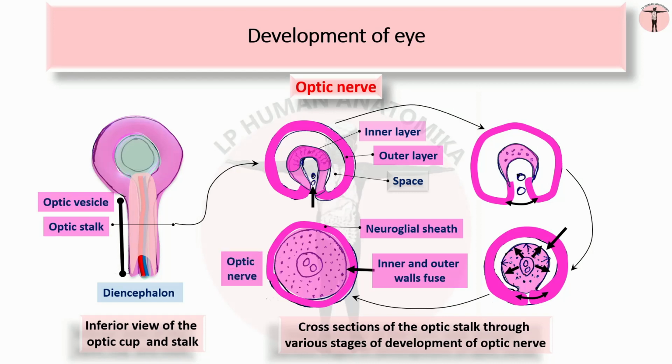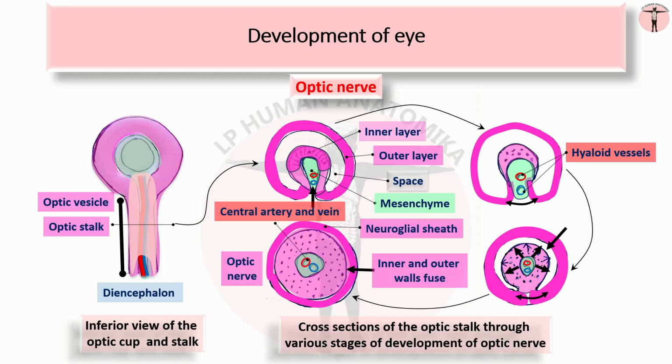Its center contains mesenchyme with a portion of hyaloid vessels, later called the central artery and vein of the retina. Optic nerve is covered by pia and arachnoid matter, which forms the continuation of choroid, and dura mater, which is the continuation of sclera.